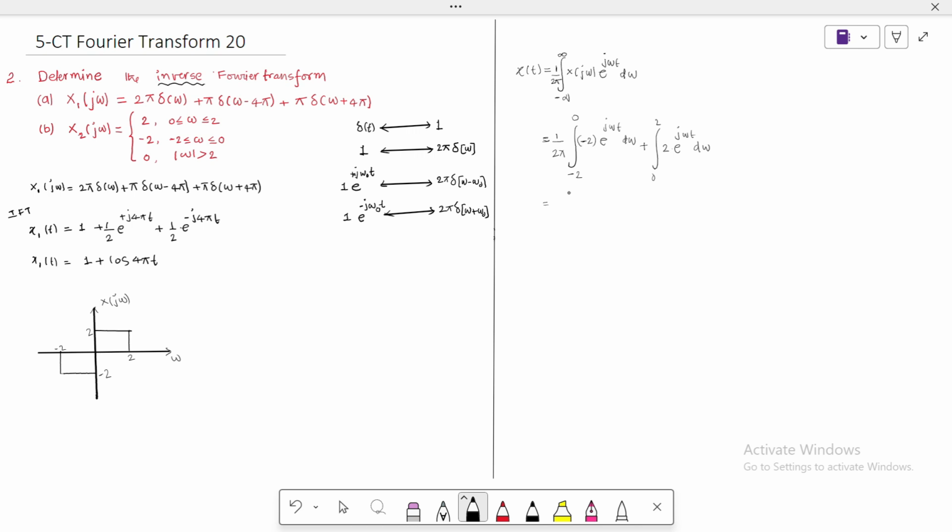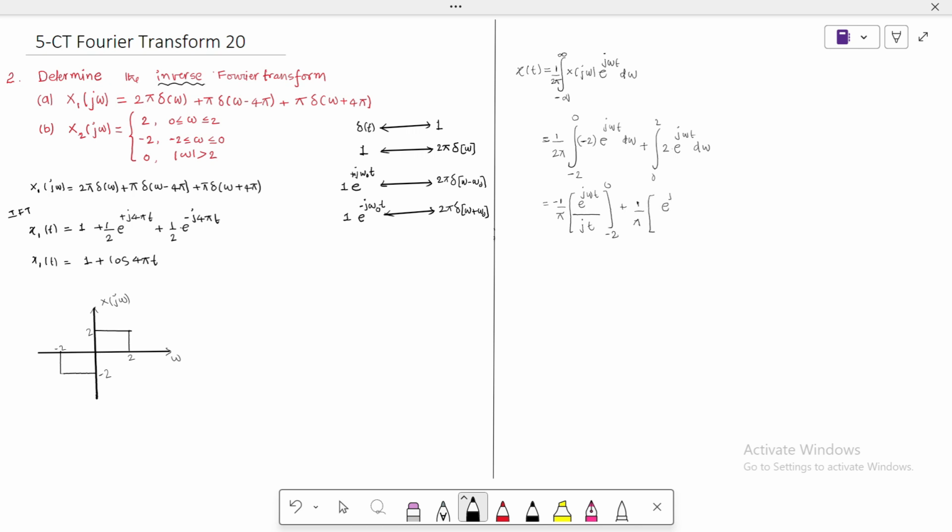Now do the integration. So 2 gets cancelled, so minus 1 by pi. So e power j omega, integration with respect to omega, then in the denominator we'll get j into t, from minus 2 to 0. Here also, so 1 by pi. So this 1 by 2 pi, the 2 gets cancelled, 1 by pi.